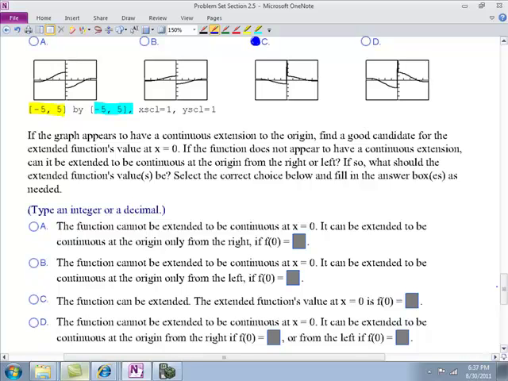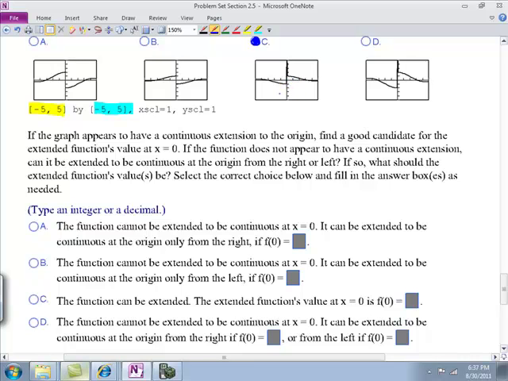Remember that continuity has to do with a particular point or a particular interval. So read D. The function cannot be extended to be continuous at x equals 0. It can be extended to be continuous at the origin from the right if f of 0 were 1, or from the left if f of 0 were negative 1.